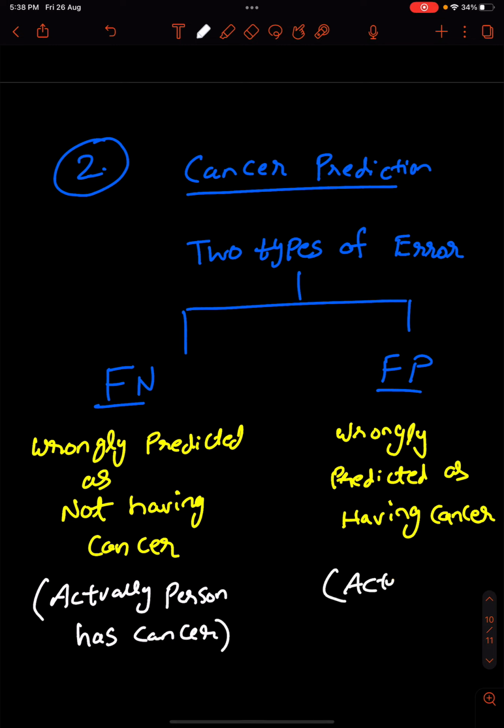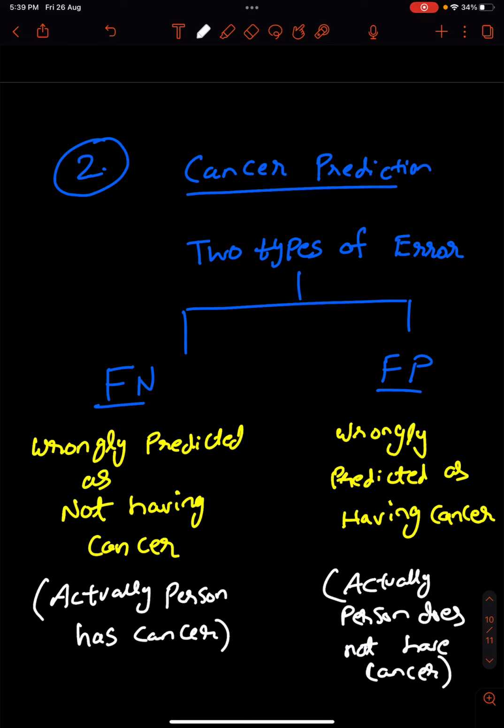Here, in the false positive case, actually the person does not have cancer. Okay, so basically these are the two possible types of errors of the model. The model can predict that he has cancer, but in real life he may not have cancer, right? Again, the model might predict that he doesn't have cancer, but actually he might have cancer. Okay, so these are the two possible errors.